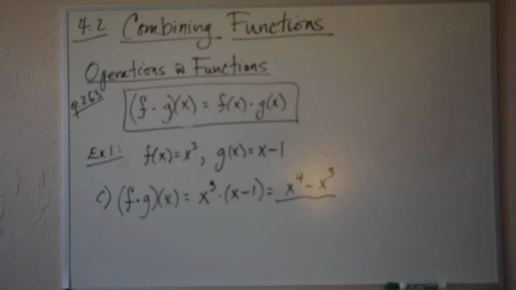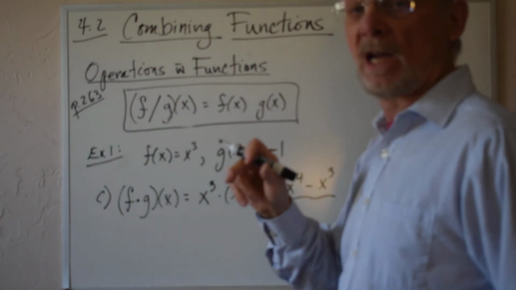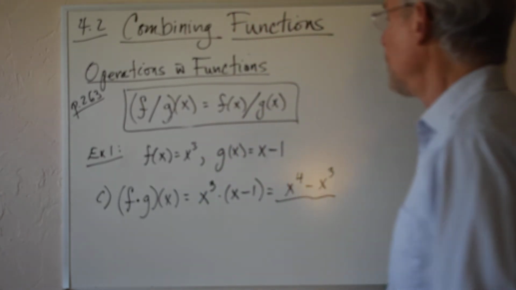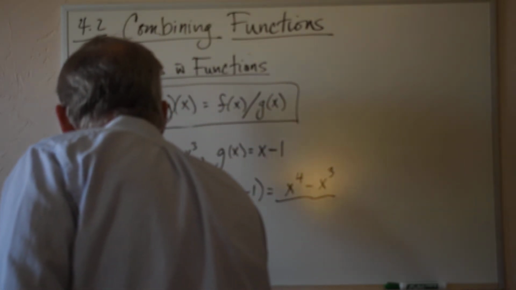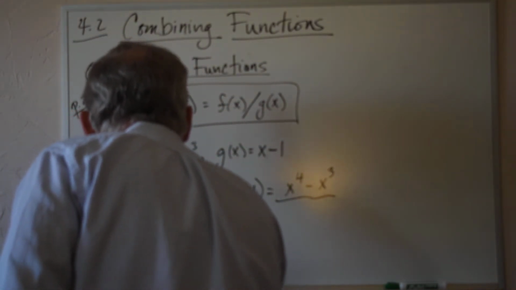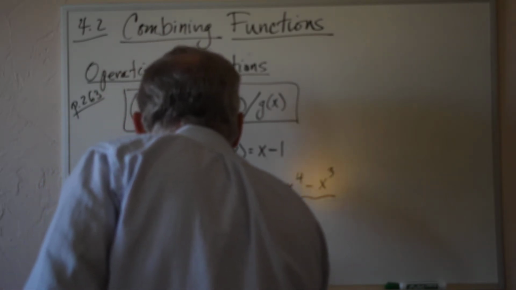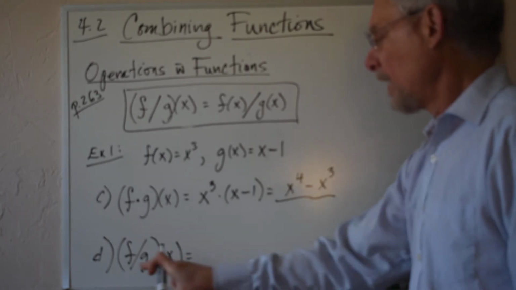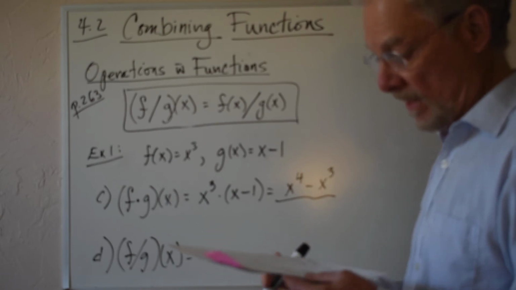And finally, division. I think to no one's surprise at this time, we're going to replace the multiplication sign by the division sign, the fraction sign. In part D, we are asked to compute f divided by g, the function (f/g)(x).